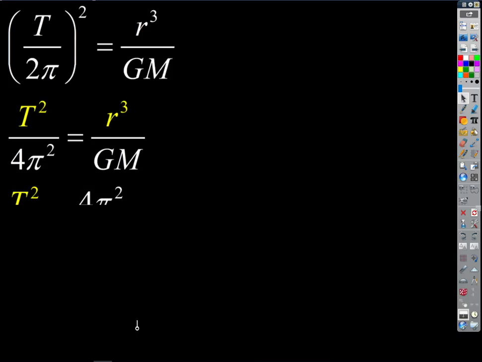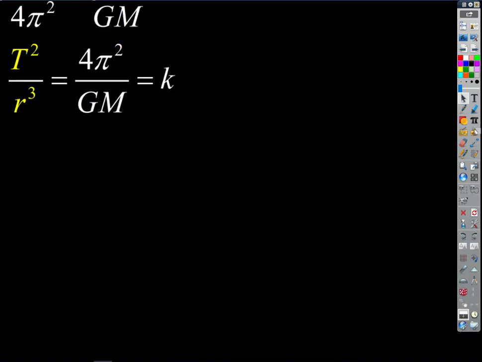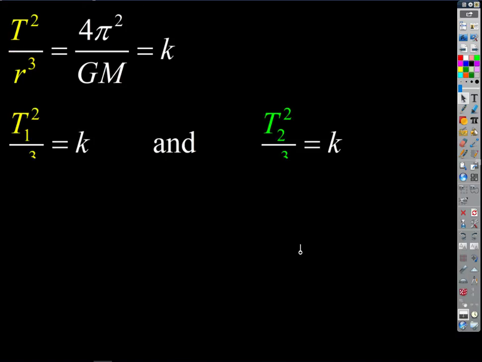So then let's just exchange these diagonally, which is fair math to do when you're talking about a ratio. Then look what we get. T squared over R cubed equals a bunch of constants on the other side, which we could just call k. Just a big constant, right? So if that's true, then we could take object 1: T1 squared over R1 cubed equals a constant.